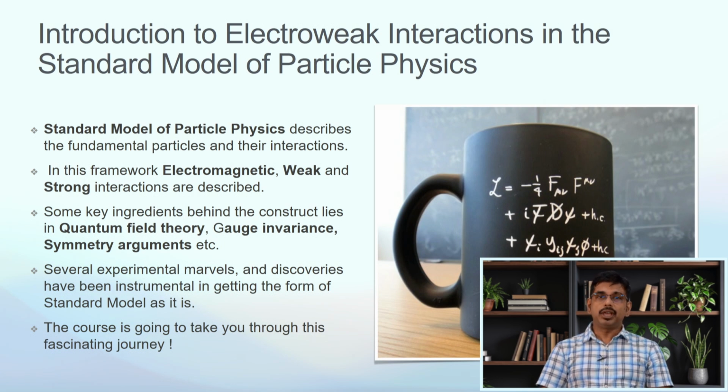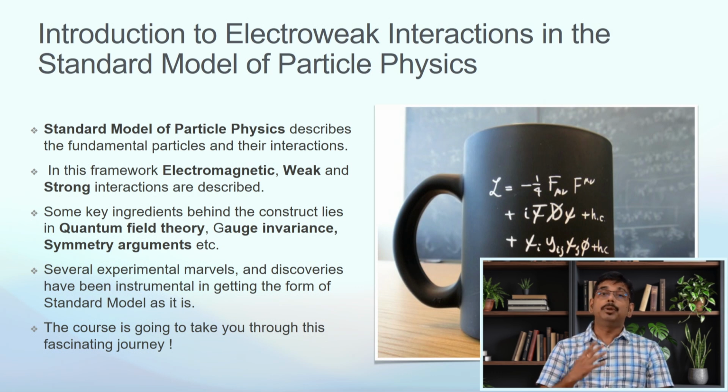In particular, we are going to focus on the key quantum field theory principles on which particle physics is based, how the gauge symmetry principles allow you to write different kinds of interactions, and how those interactions govern the processes between the fundamental particles.